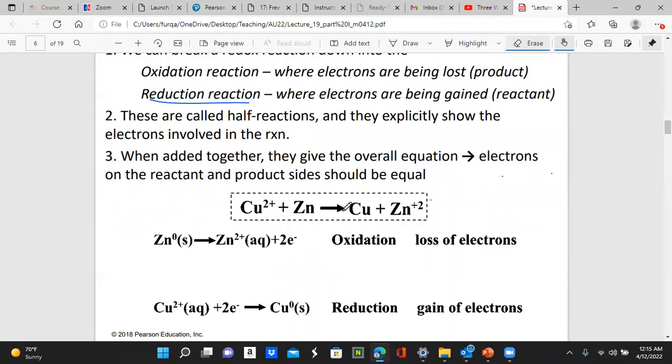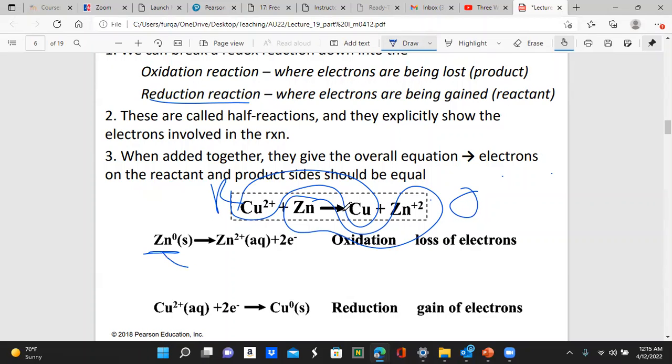Okay, now we can write down 2 half reactions. We can separate the oxidation reaction from the reduction reaction. I know that this is my reduction reaction and this is my oxidation reaction. So when I separate zinc, zinc initially was at its oxidation state of 0 because it's neutral. Okay, elemental form of zinc, solid.